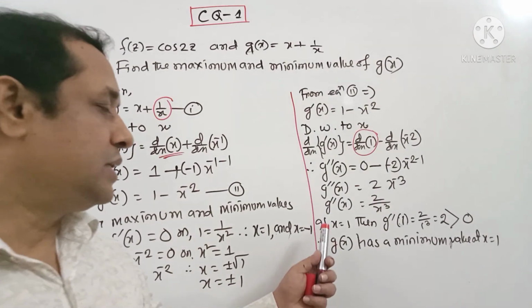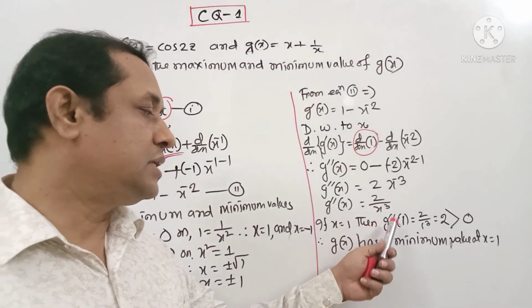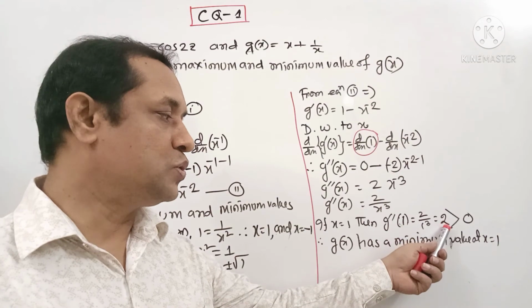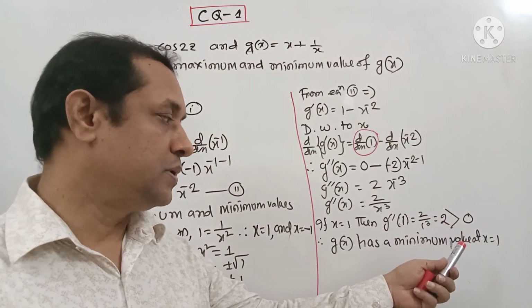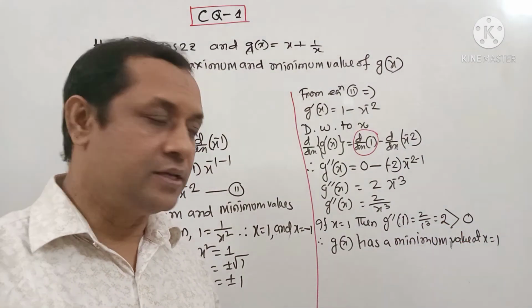I say again, if x equals 1, then g double prime 1 equals 2, and 2 is positive, so greater than 0.